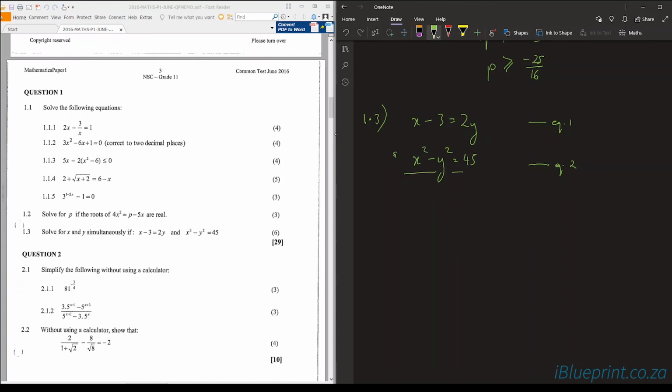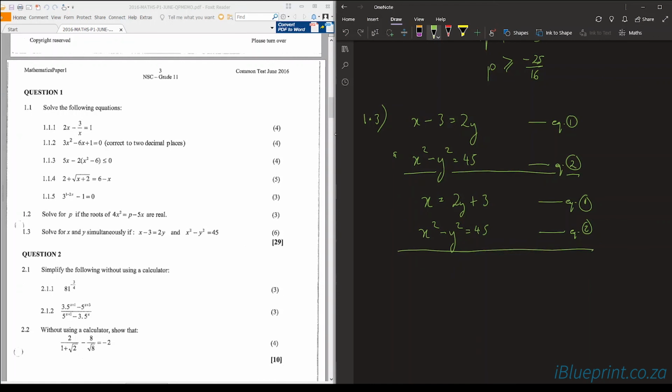But first, we want to rewrite equation 1 so that we're solving for one variable. So let's say x is equal to 2y plus 3. That's our equation 1. And x squared minus y squared is still equal to 45. That's our equation 2. Right.